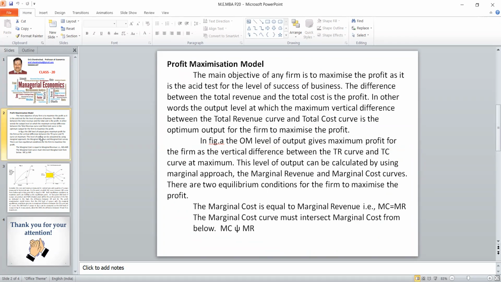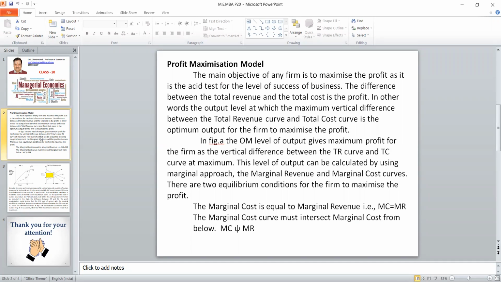Initially, the difference between TR and TC is the actual key for profit maximization. But while drawing the TR and TC, physically it's not possible to measure, because we incur n number of costs and there are different revenue avenues. So it's very difficult to understand at what level of output TR and TC have the maximum difference.